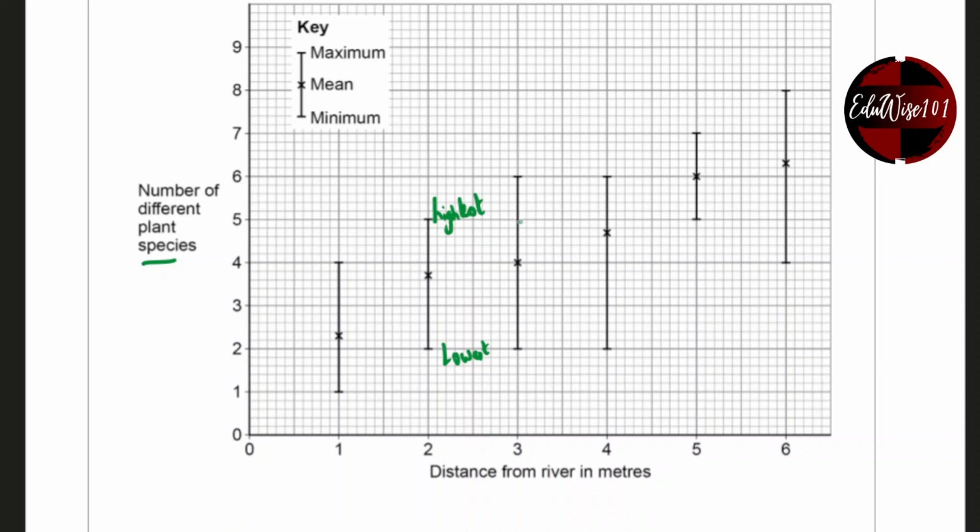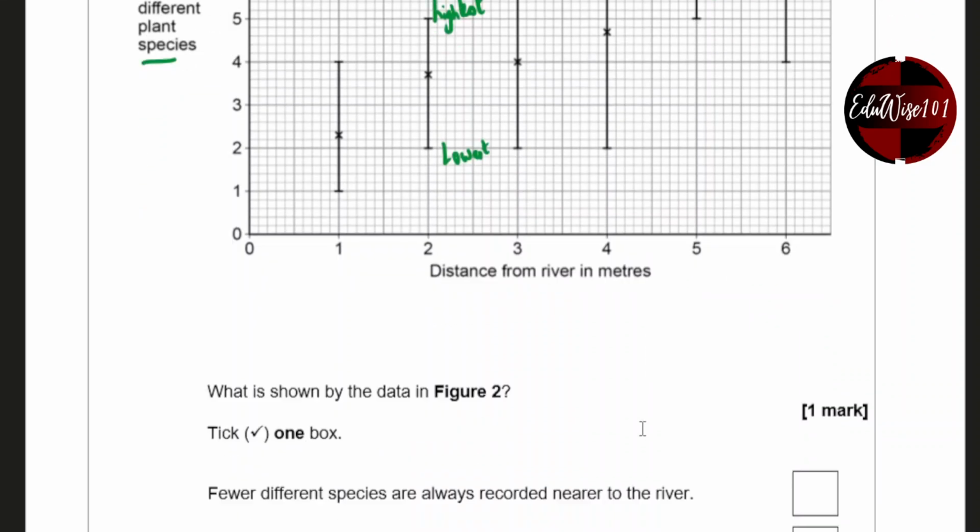So plus or minus, let me pick this one, the mean value is 6, plus or minus 1 plant species. So that's the range. It doesn't have to be equal as well. Anyway, let's get to the next part.